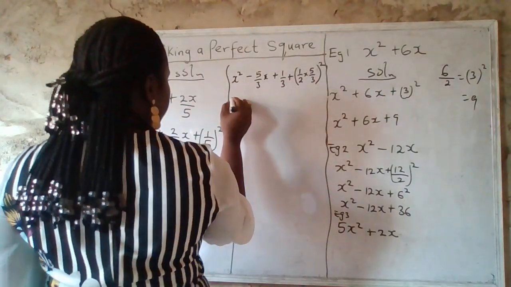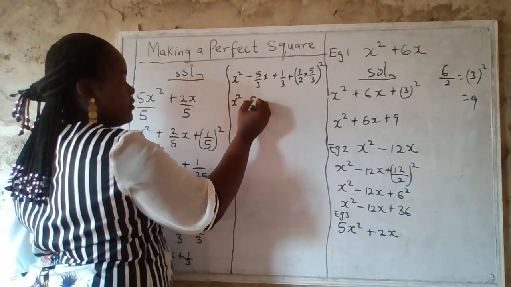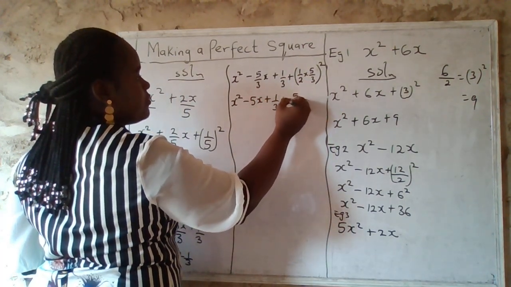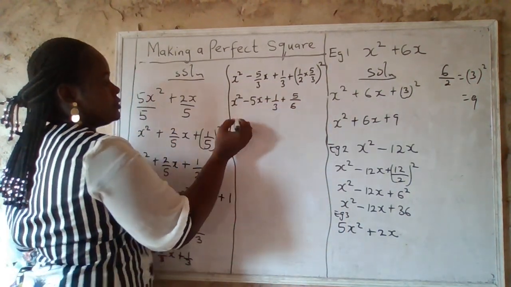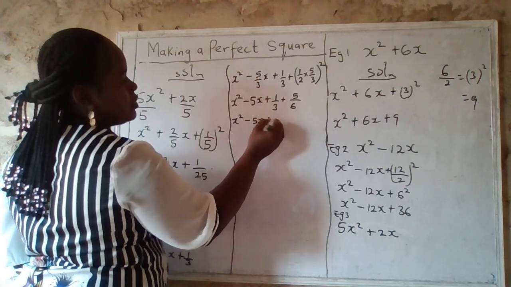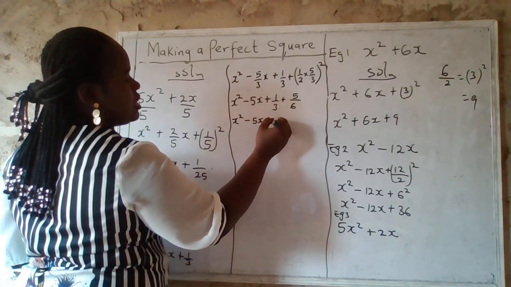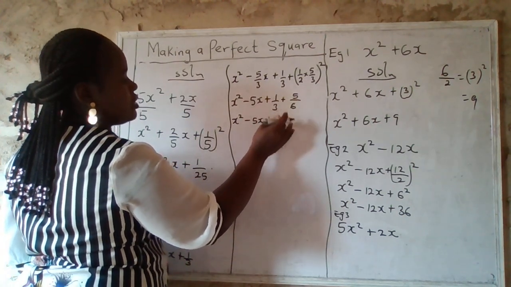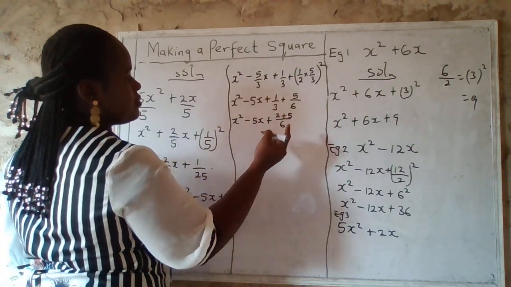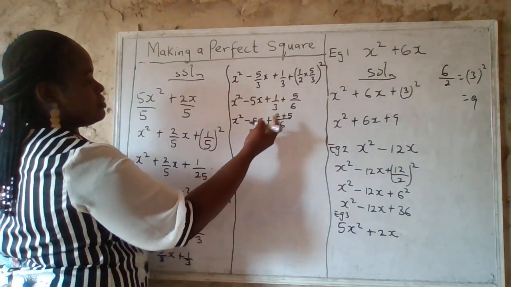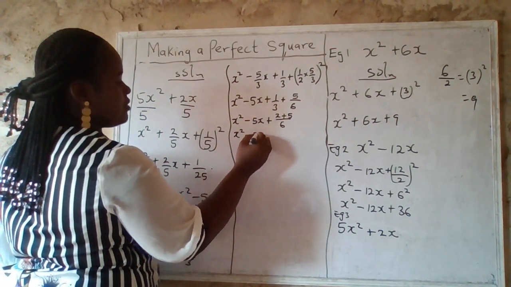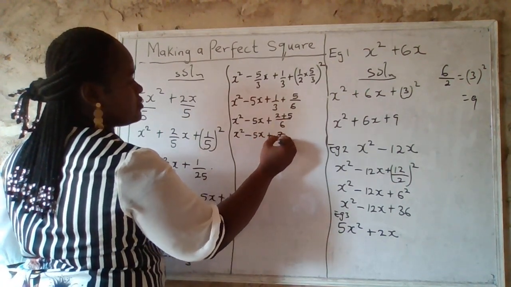So that will lead me to having x squared minus 5 over 3x plus 1 over 3 plus 25 over 36. Now, the LCM here is 36, so I'm having 12 plus 25. Now, that will give me x squared minus 5 over 3x plus 37 over 36.